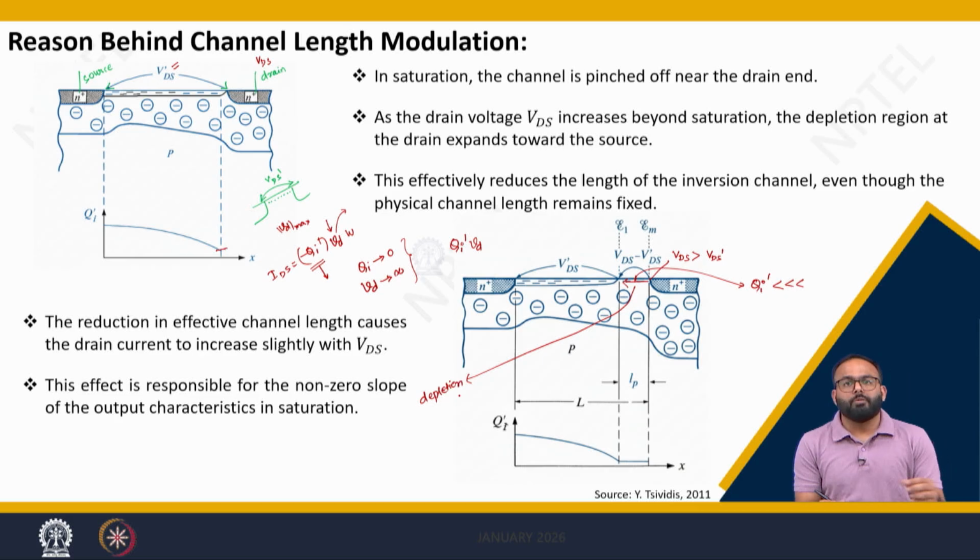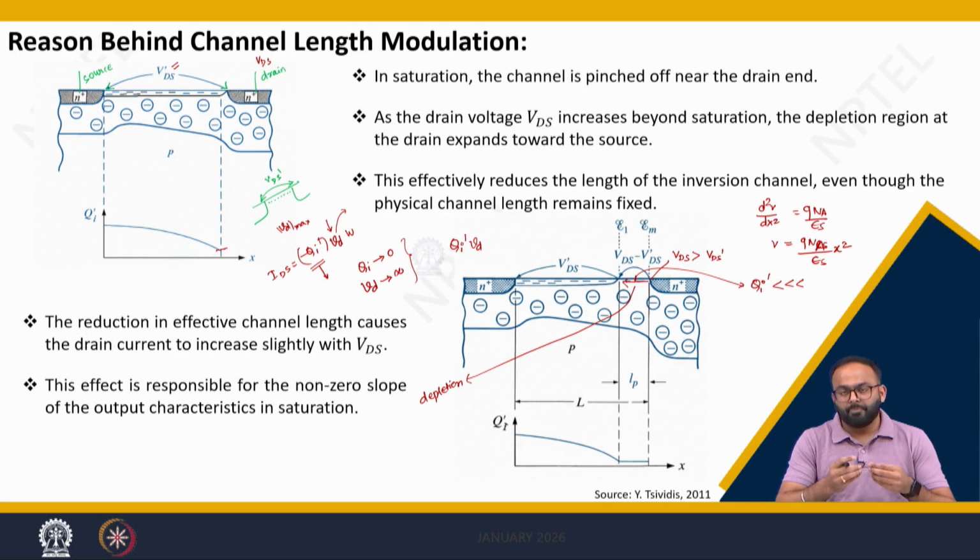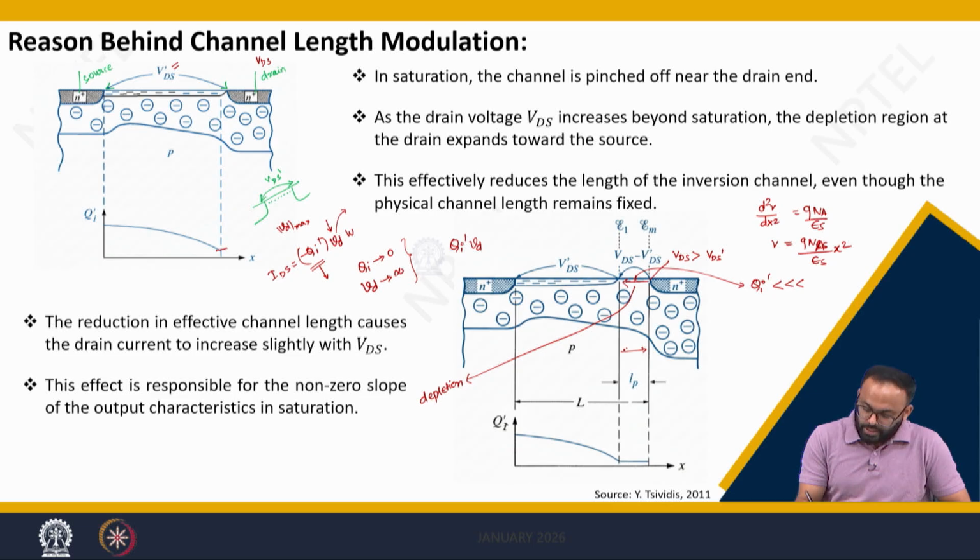And we know from our basic fundamentals that delta square V divided by delta x square is equal to Q into Na divided by epsilon s, a Poisson equation, which simply says V is proportional to Q into Na divided by epsilon s into x square. It means in the depletion region, to support the voltage, the expansion of the depletion region is quadratic.